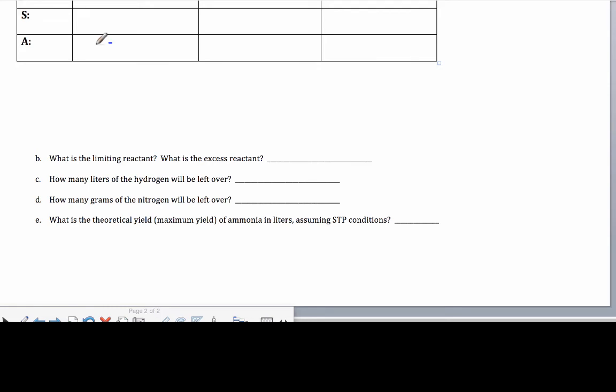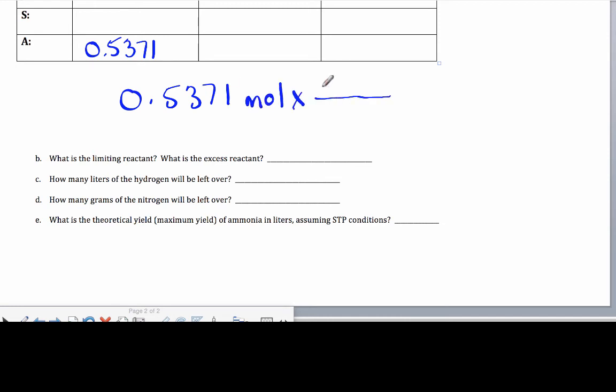Well, up here we had 0.5371 moles. So if I've got a gas and it's at STP, I can take those moles and convert them back to liters using the 22.4.